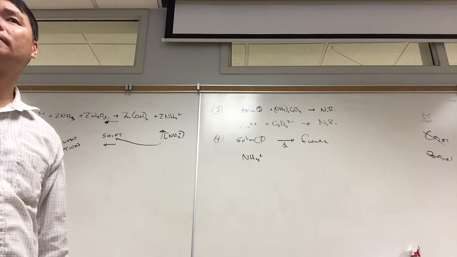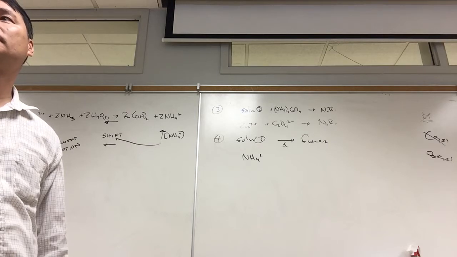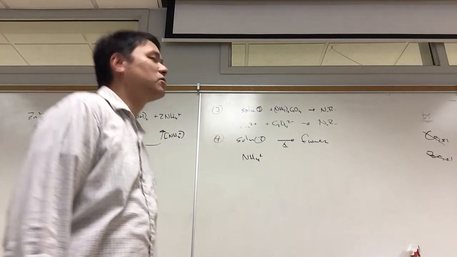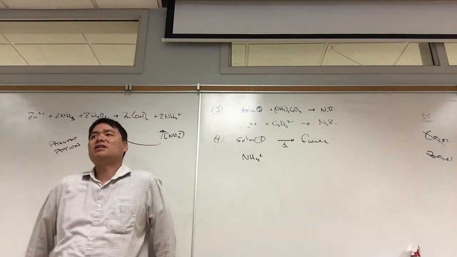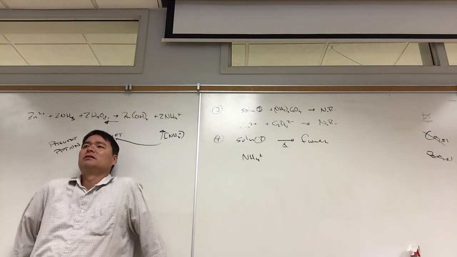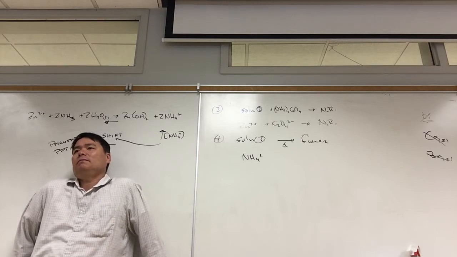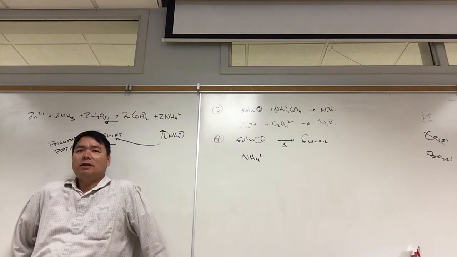Because then you will get ammonium nitrate. Well, if we just get ammonium nitrate, that's no big deal. Ammonium nitrate is just soluble. Why do we have to get rid of the ammonium?